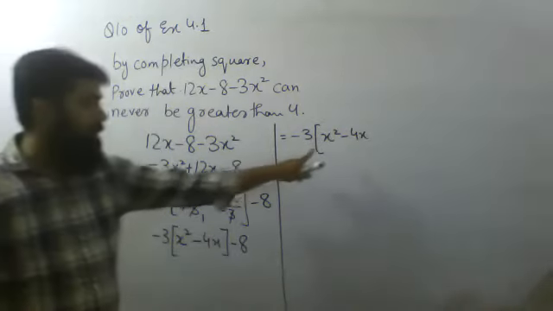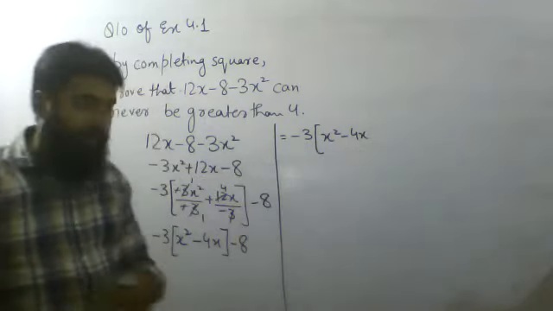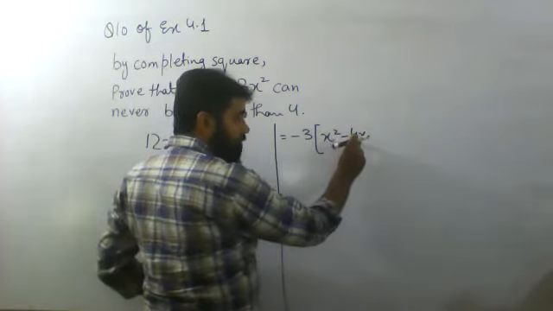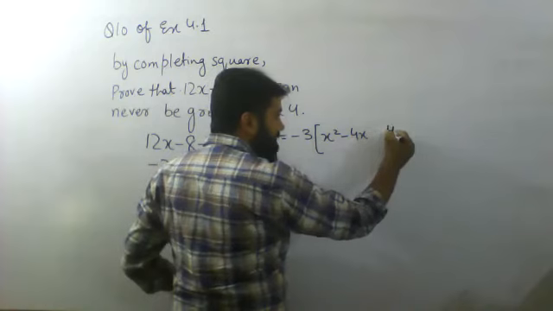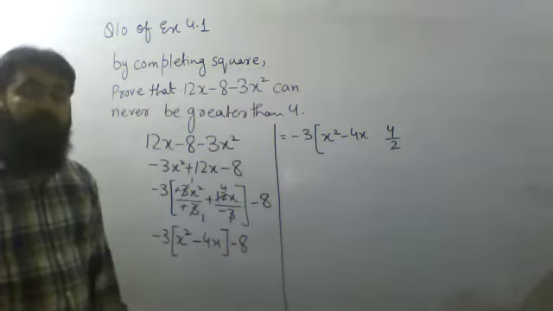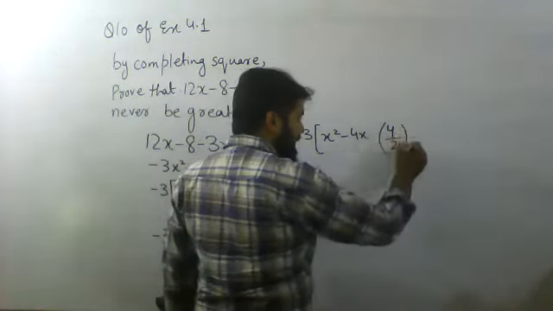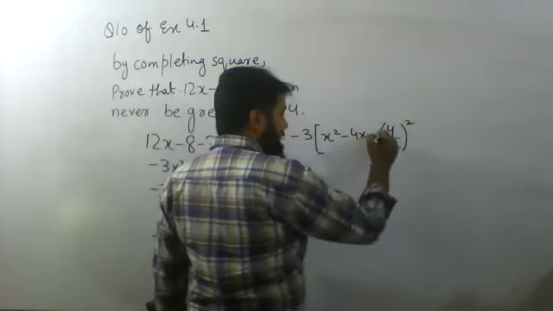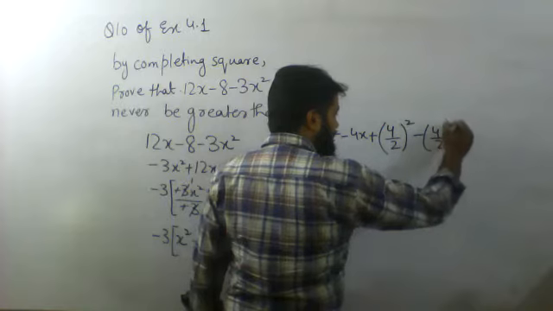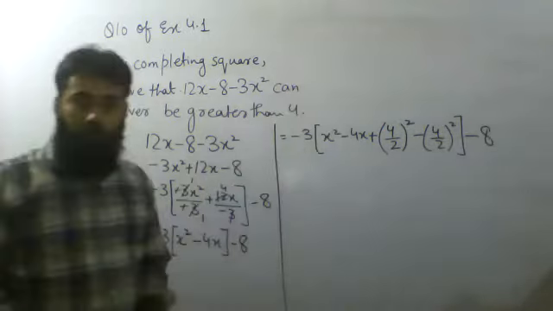After that, the coefficient of x, whatever it is, that will be divided by 2, whole square will be added and subtracted, because I have to make it completing square form.